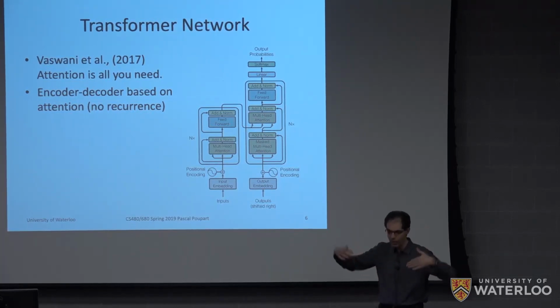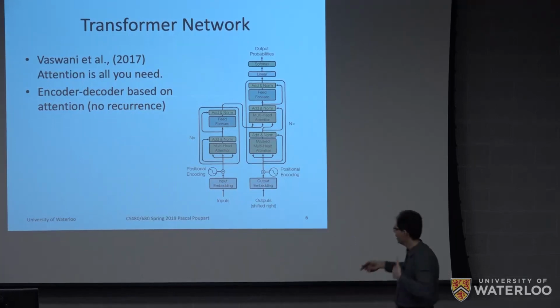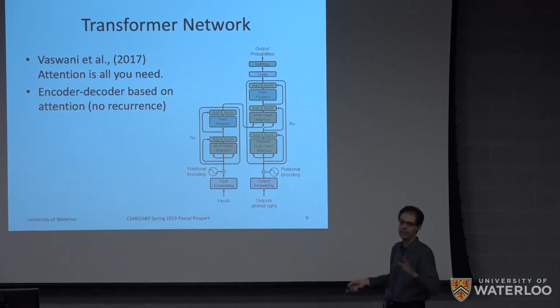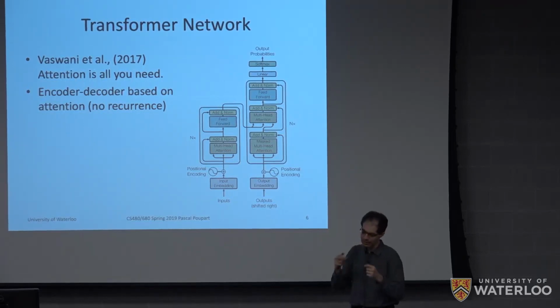So we would feed them all in at once, and then they would get embedded, and then after this we would add a positional encoding. I'll come back to this later on in a few slides, but this is important essentially to make sure that we can distinguish words that occur in different positions within a sentence.